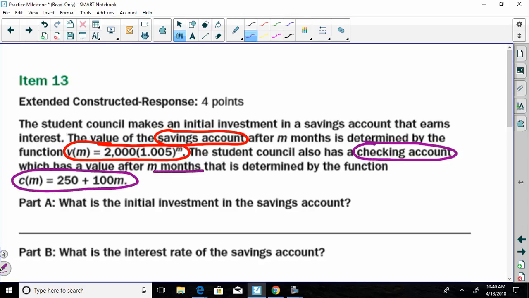How far over 1 is 1.005? 0.005. And so that's the R. But I need to move the decimal to get it into a percent. So how do I do that? Twice. And so what's your answer? 0.5%. Because when I move the decimal twice, 1, 2, my decimal's right there.